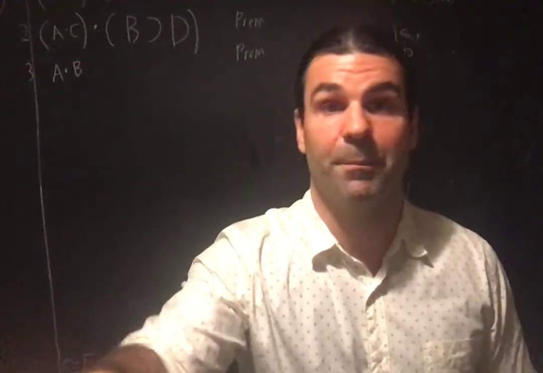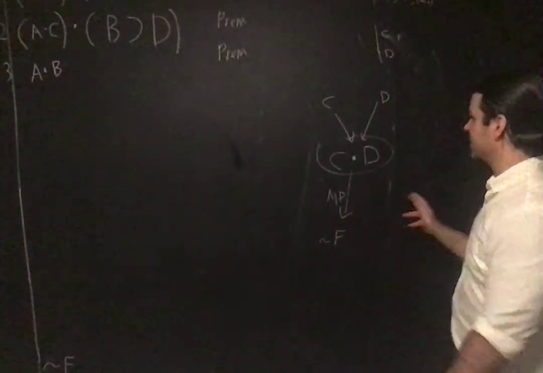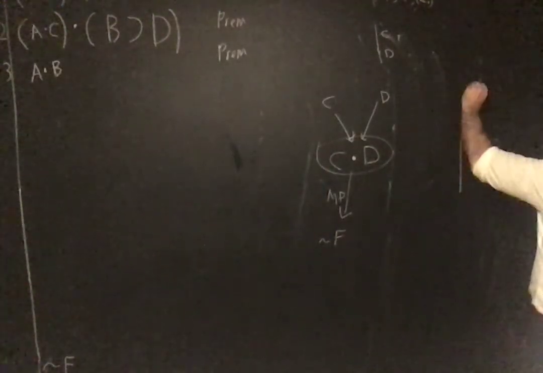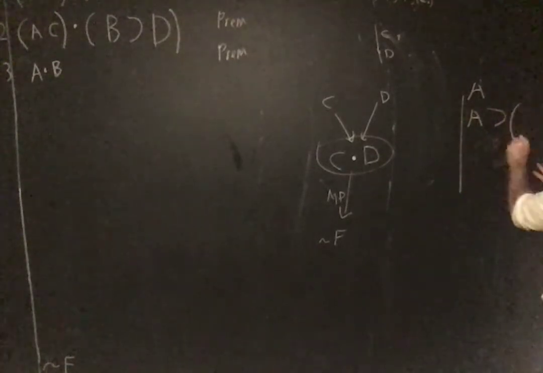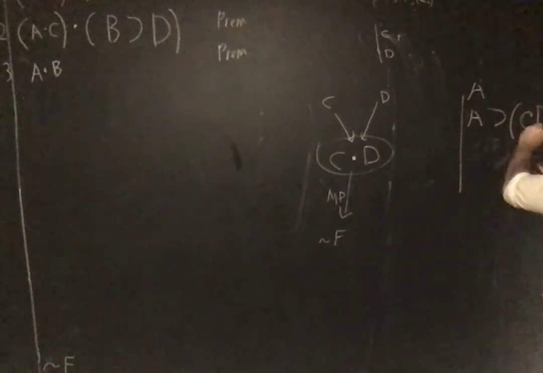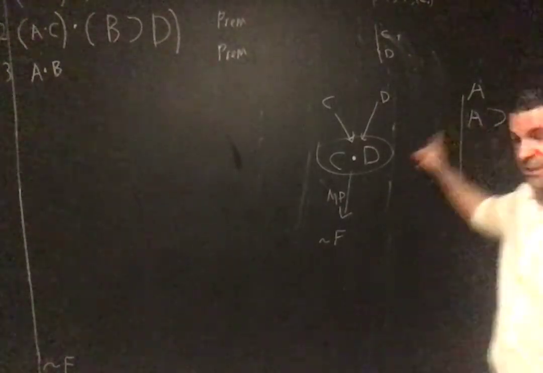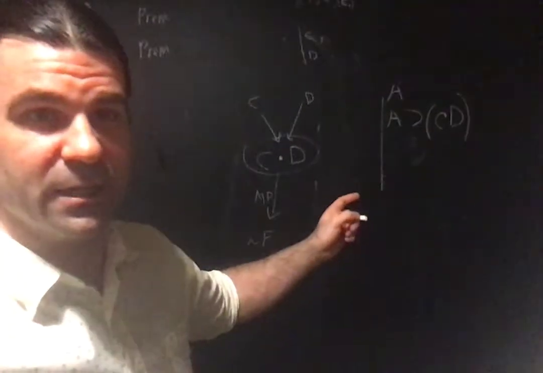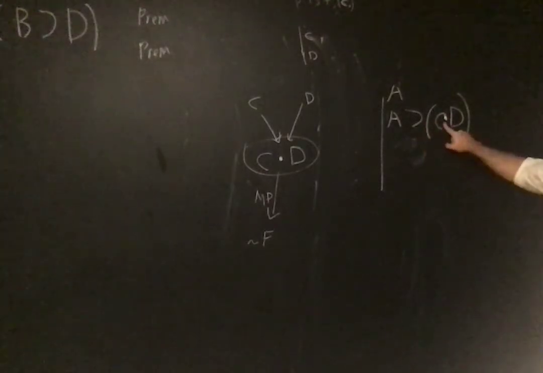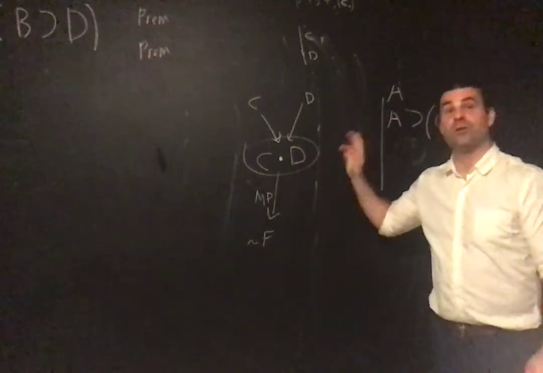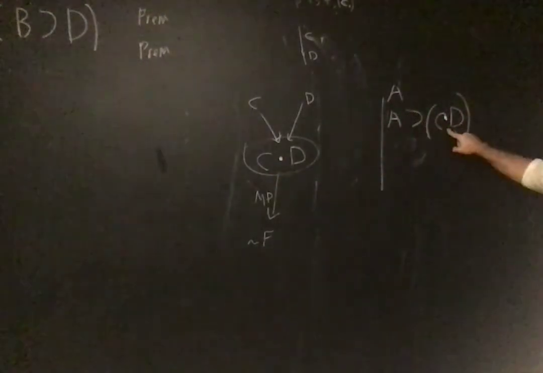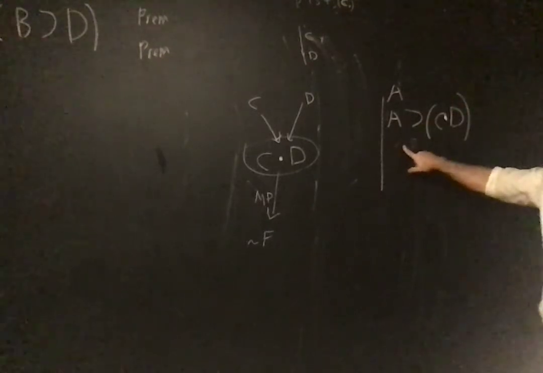Only probably, because you might have a situation like this. You could have amongst your premises A hook C and D. If you had something like that, where I've got A and I've got A hook C and D appearing, then I would get C and D not by conjoining C and D, but rather by modus ponens.